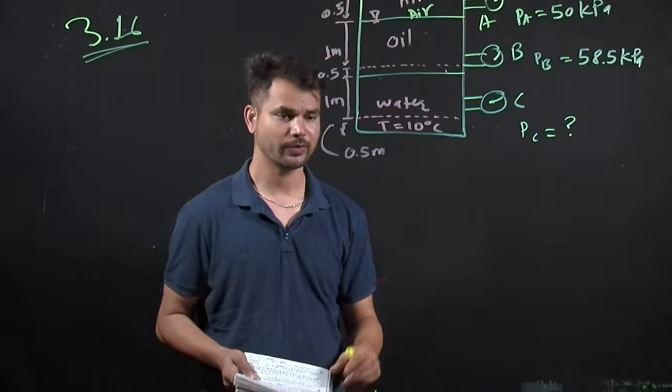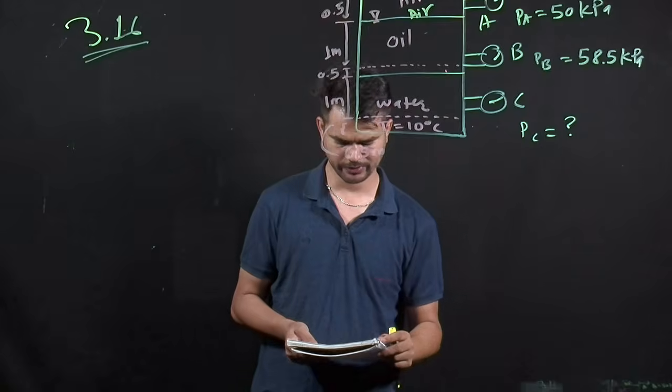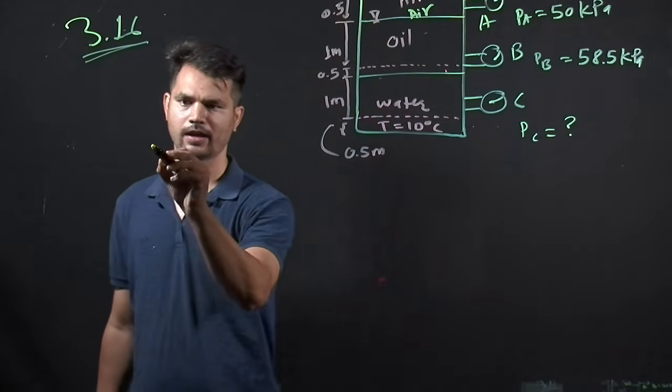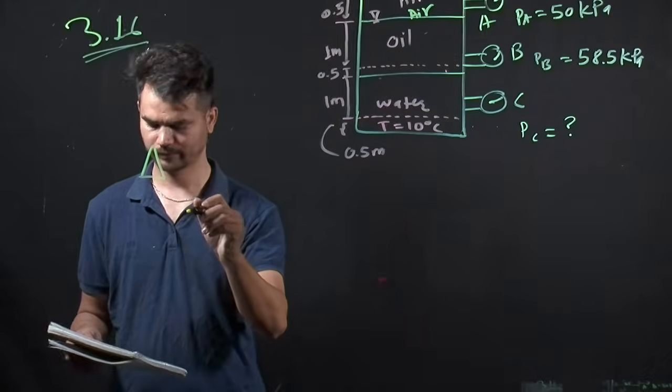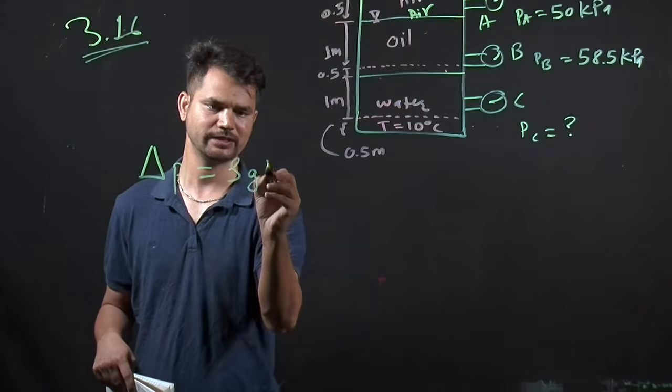What we can do is use the hydrostatic pressure variation with depth, that is del P is equal to rho g h.